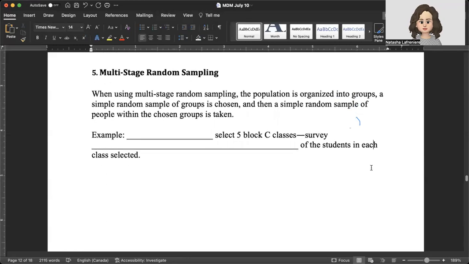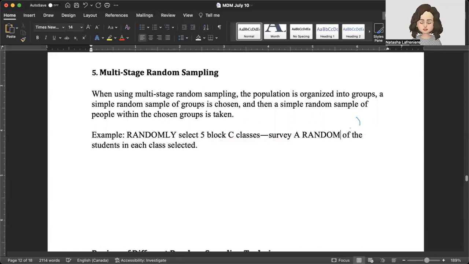A simple random sample of groups is chosen, then a simple random sample of people within the group are chosen. So for example, there's a lot of words that are all the same. So randomly select 5 block C classes, survey a random sample of 10% of the students in each class.